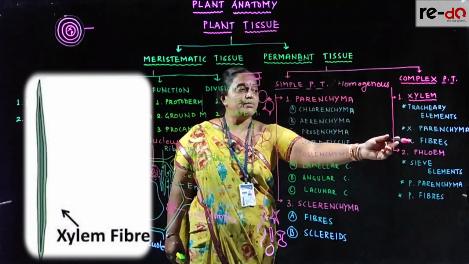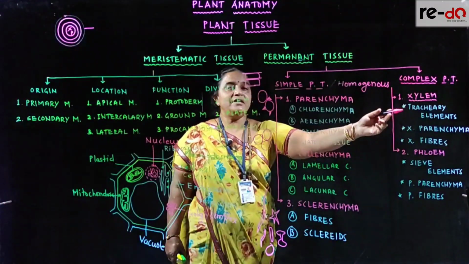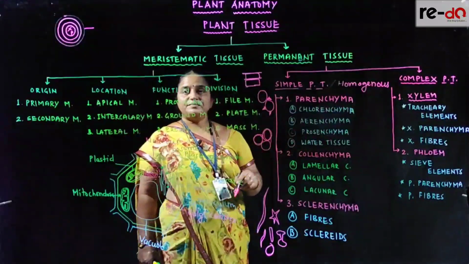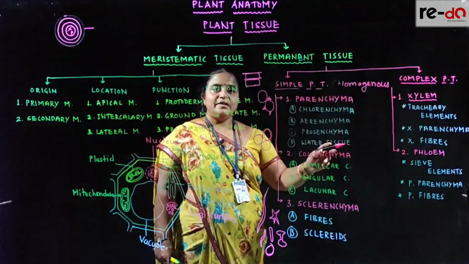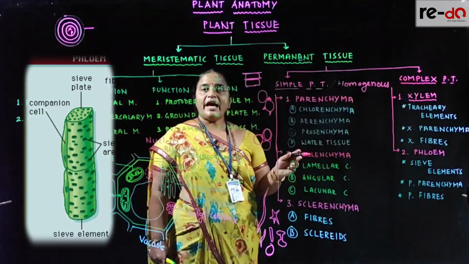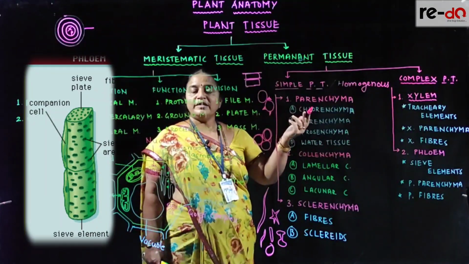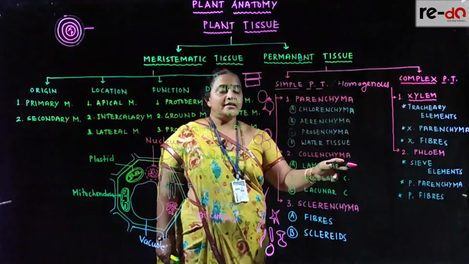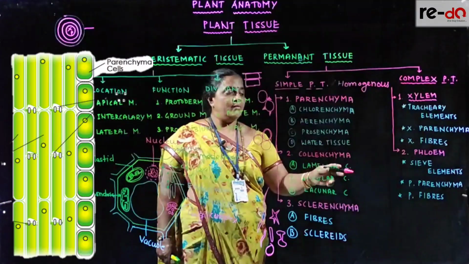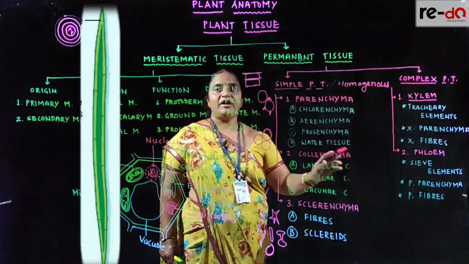So fibers for support, parenchyma for nourishment, and actual water conduction by tracheary elements. Same with phloem: it has sieve elements that carry solutes from the photosynthetic region to the non-photosynthetic region, and they are nourished by phloem parenchyma and mechanically supported by phloem fibers.